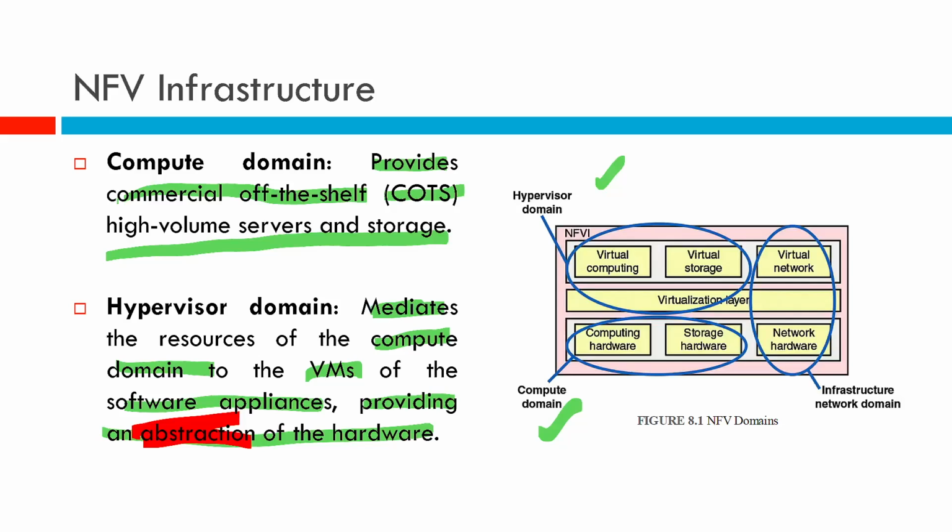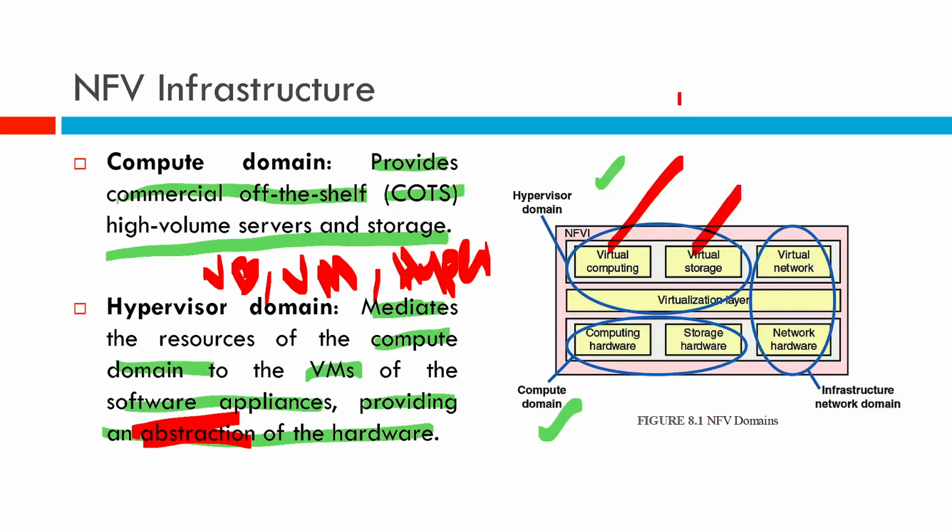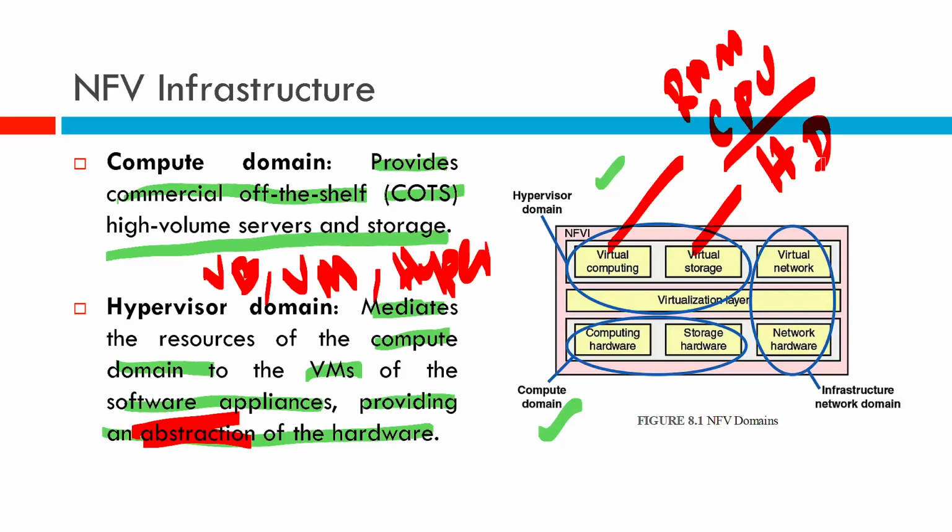Normally we can say VirtualBox, VMware, and Microsoft Hyper-V. These are the various things, like all this virtual computing and virtual storage. You have a computer, it takes the RAM and CPU, and also the hard disk. So virtual storage and virtual computing, that is a hypervisor.